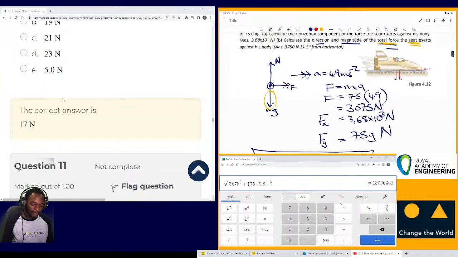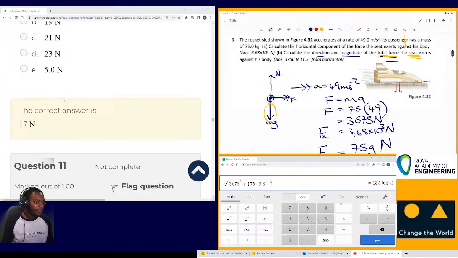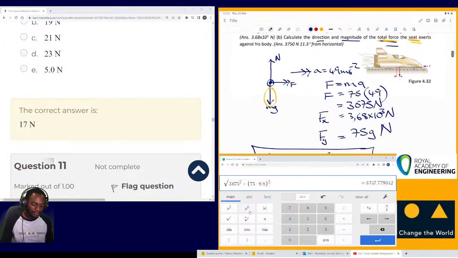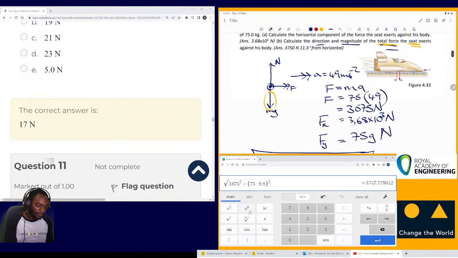That is the magnitude we get. Did I do this properly? Alright, so which is what we have here.